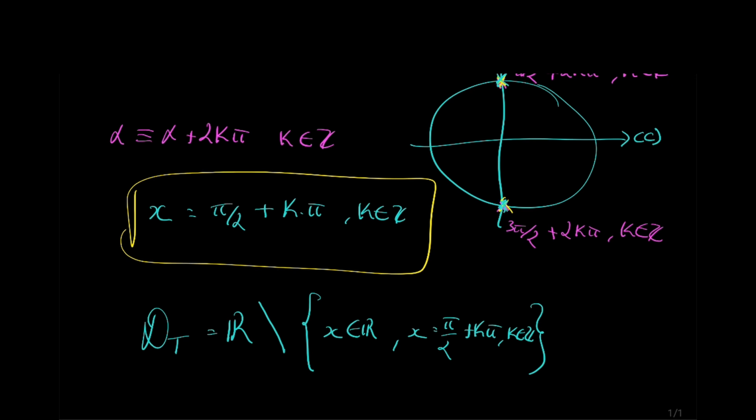This expression describes the points we do not want, and so the points we want are all the points possible, backslash, so without the points we don't want. And this is our solution.